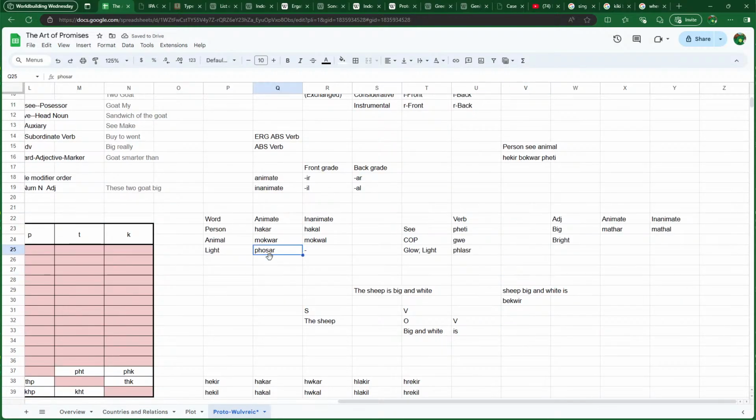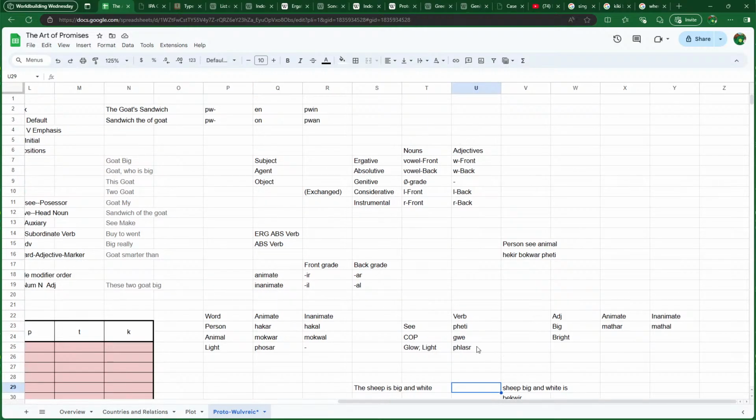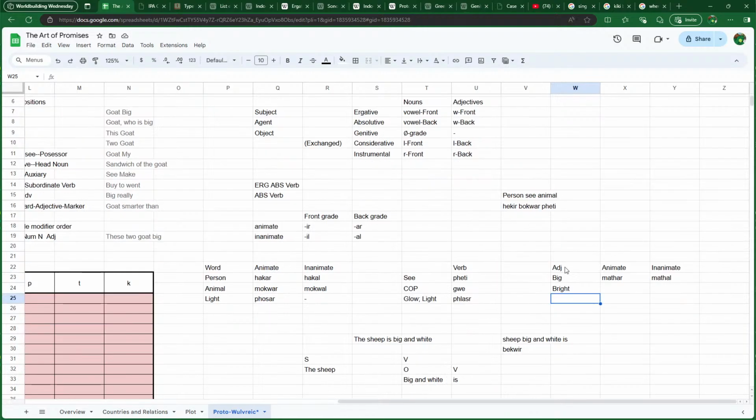Plusra. Because it comes from this, right? But the test isn't that hard. Bright. So bright comes from this. We're 2 layers deep now.